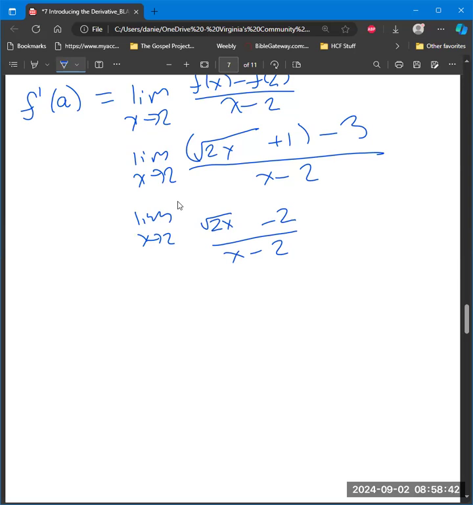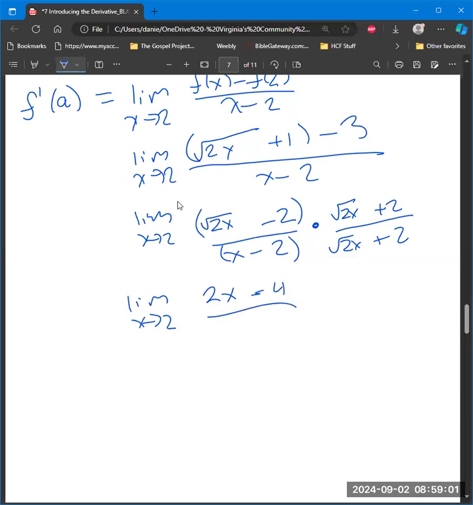I want to rationalize this numerator, multiplying by root 2x plus 2. It's going to be the limit as x approaches 2 of 2x minus 4 over x minus 2 times root 2x plus 2.